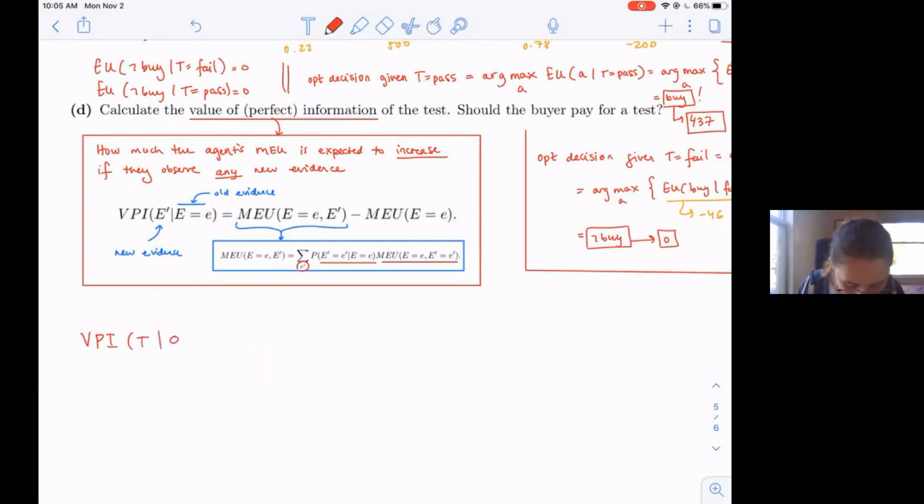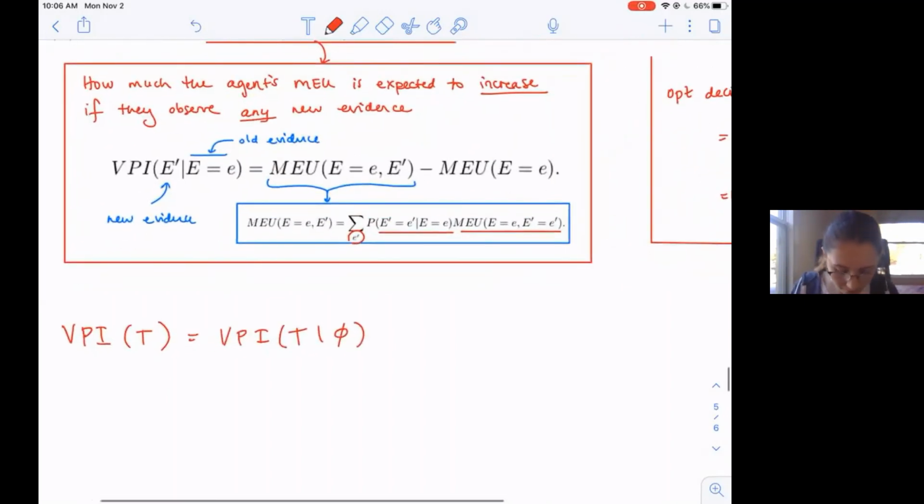So let's actually do this in two steps. I want to compute the value of perfect information of a test, and I'm going to write this equivalently as the value of perfect information of t given this empty set symbol here, which I'm just going to call no evidence. No old evidence.